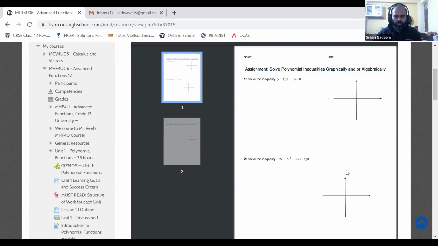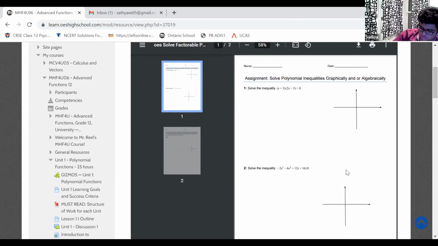So first try to do it. In this equation, x plus 3 into 2x minus 3, they're already on the same side. Then fine, proceed further. Do I have to multiply it? No, they are already factorized. You don't have to even factorize it.